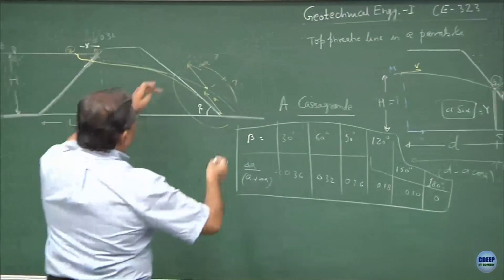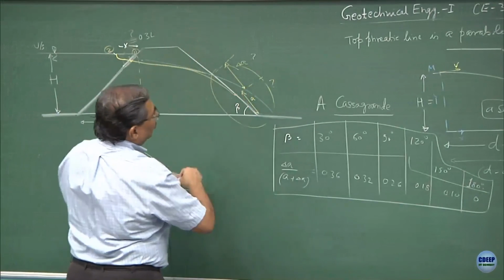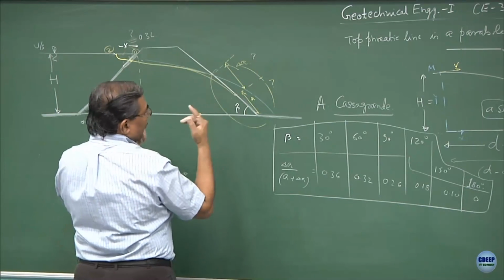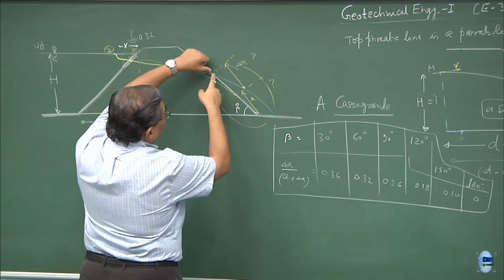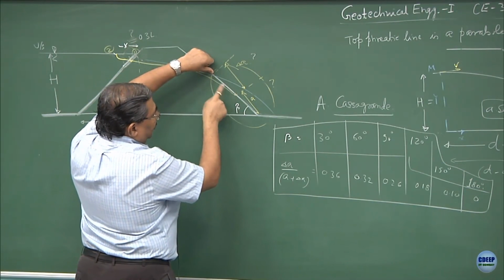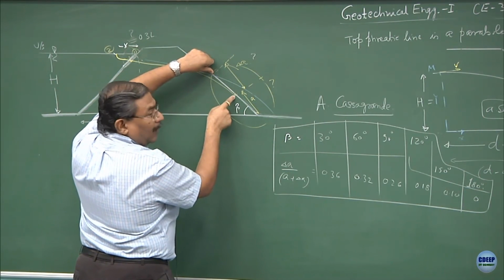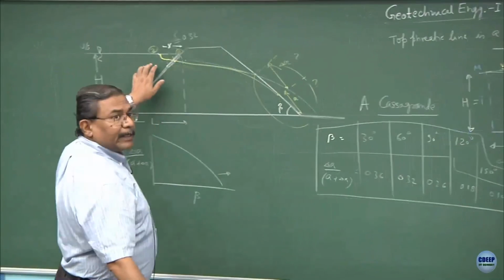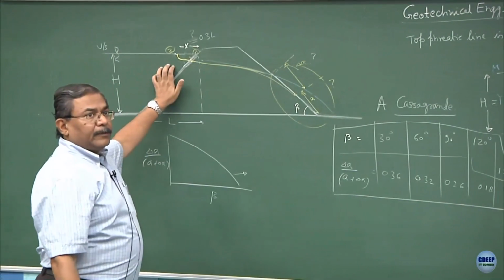Delta A is the error term. Truly speaking, what you are doing, you are pushing this whole thing inside, clear? So this can be pushed only when this point is a fictitious point and it goes inside, so that the graph matches with the outcrop point. That is it, it is a fictitious point.